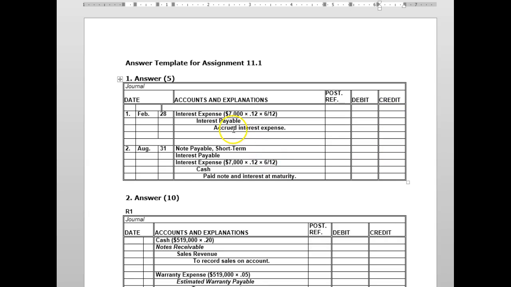Now, you come down to the end of the note year, and you're ready to pay it. Now you have to rethink everything you've done. First of all, how much is that note for? That's for $7,000, right? So you know you're going to debit that and get rid of that.